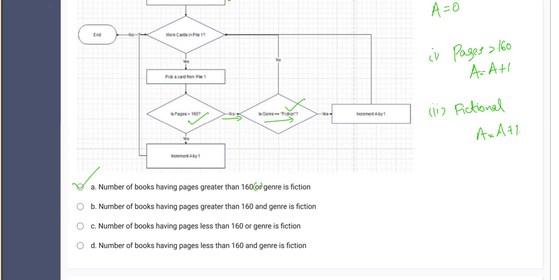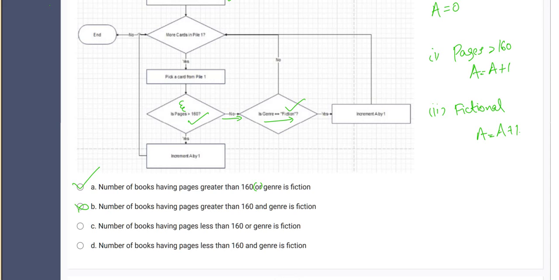Number of books having pages greater than, no, it is not end. If it goes to be end, here it should be is pages greater than 160 and is genre fiction. They both must be combined together in order to have the answer to be B. But they are there in two different steps. Therefore, B is not the correct option.